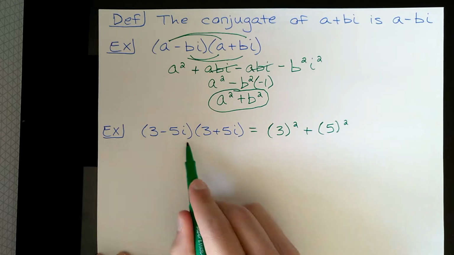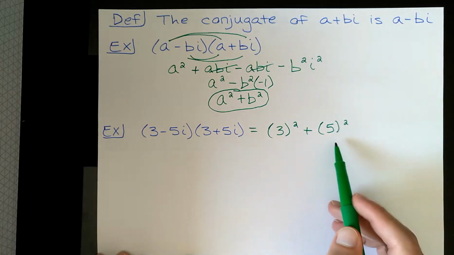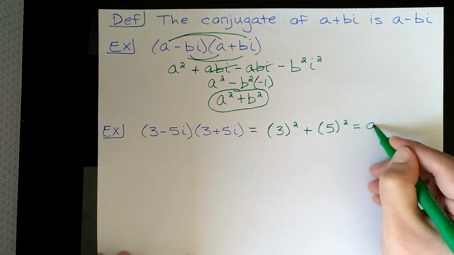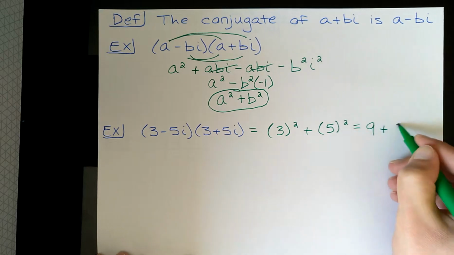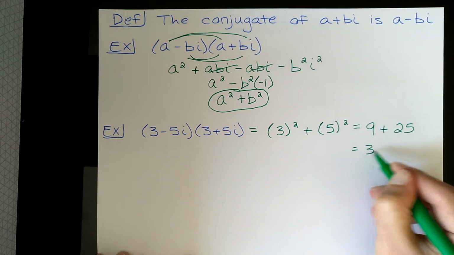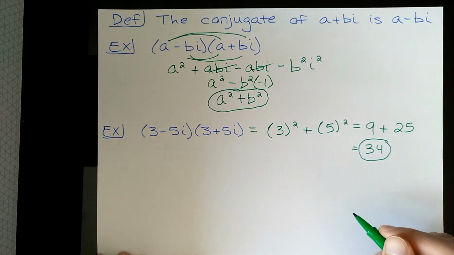Make sure it's in our complex number notation, and we can immediately just apply the formula. Simplifying, we get 3 squared is 9, plus 5 squared is 25, which just leaves us with 34.